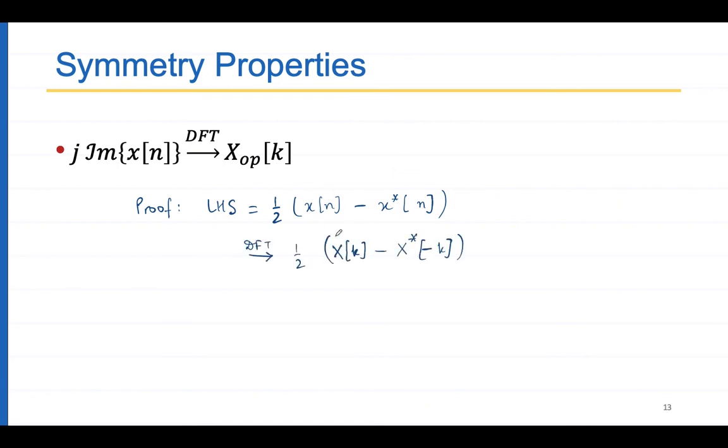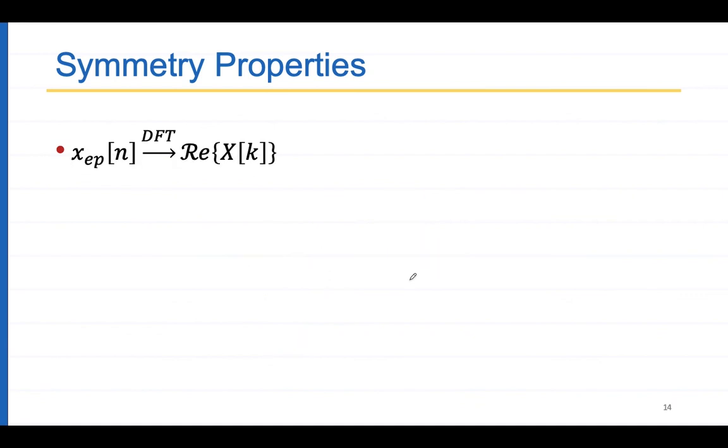The DFT of x[n] is X[k], you know. The DFT of x star of n is X star of minus k. That also you know. Of course, there is capital N here. And this thing is equal to X_op, the odd decomposition counterpart of X[k], with p to signify the periodic boundary condition. So this is the RHS, hence proved.